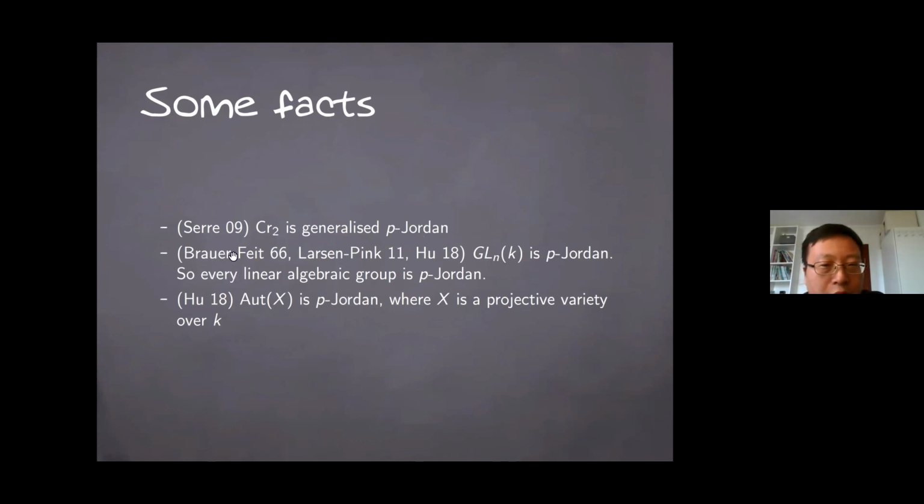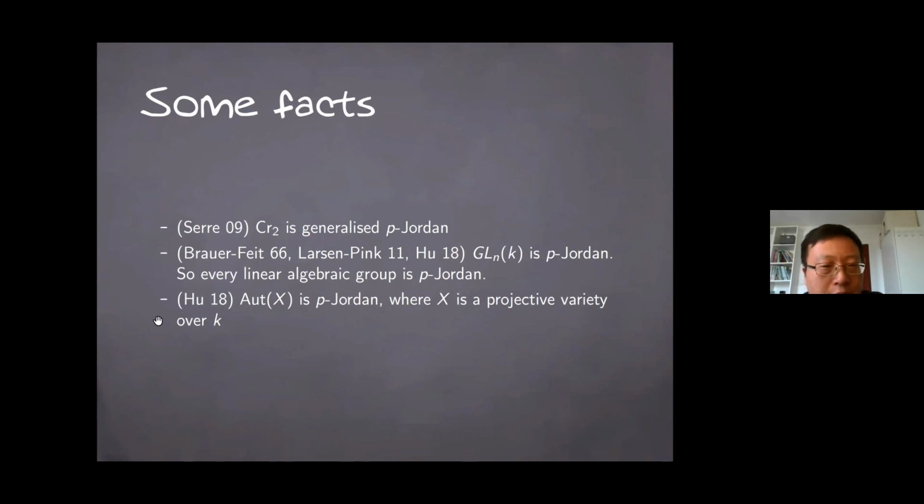And from Brown, Fate, Larson, Pink, or Hu Fei, over a positive characteristic field, the general linear group GLN is P Jordan. So every linear algebraic group, which is a subgroup of this, is also P Jordan.